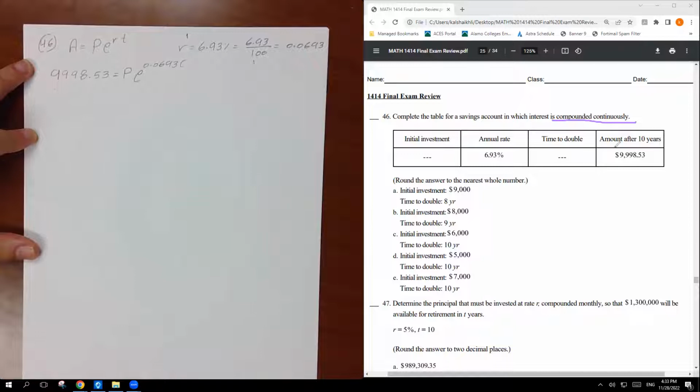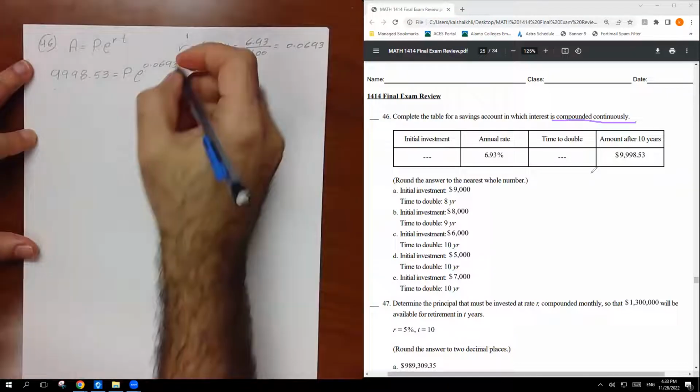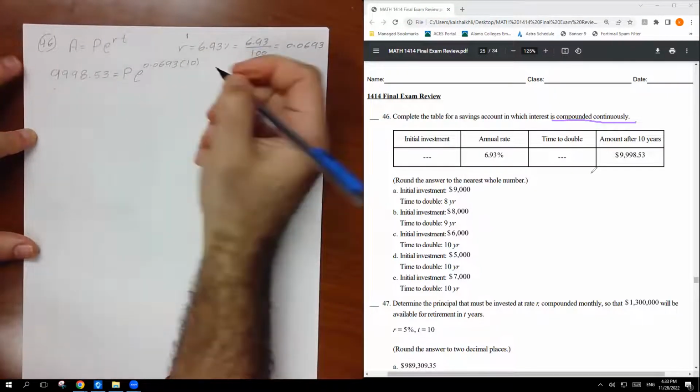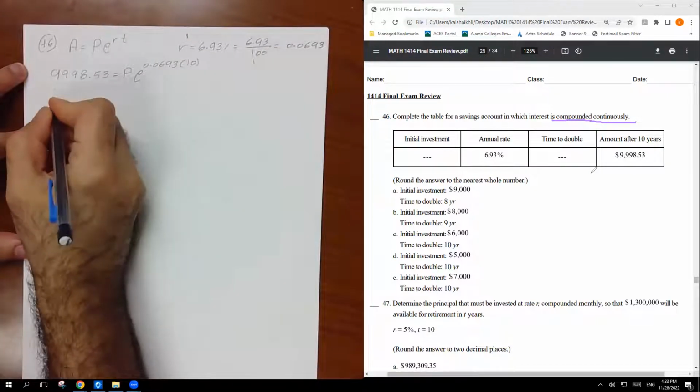They're telling you here, after 10 years, this is going to be in your account. So that means the time here is going to be 10.